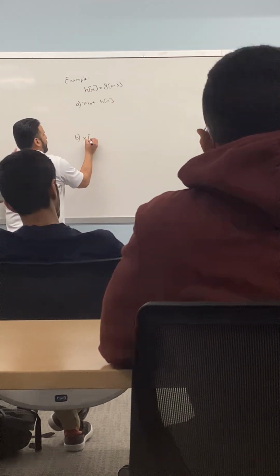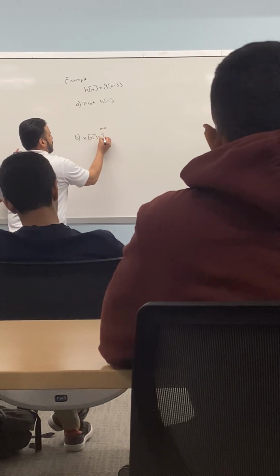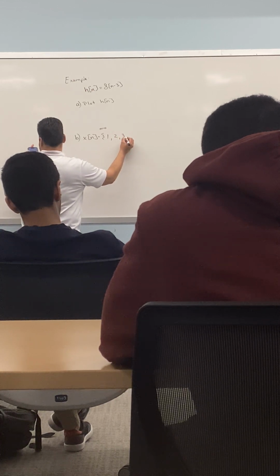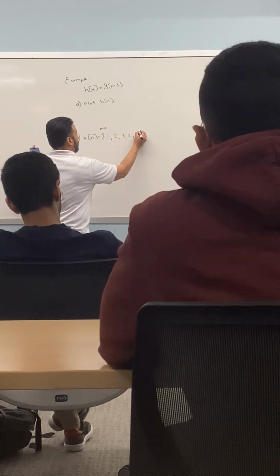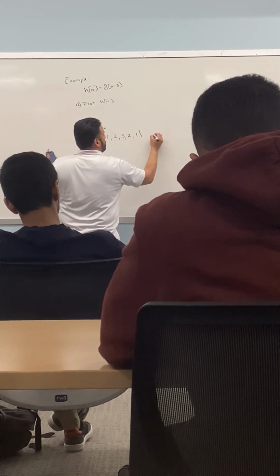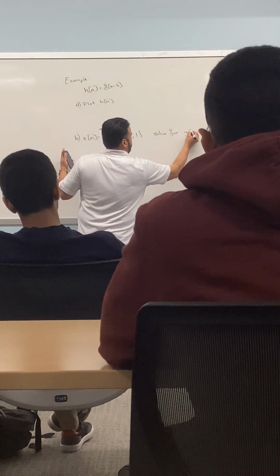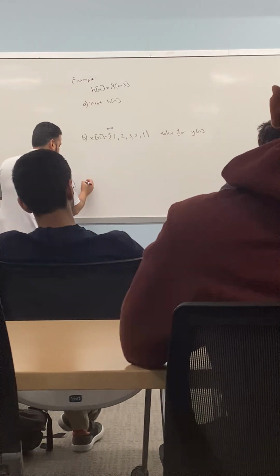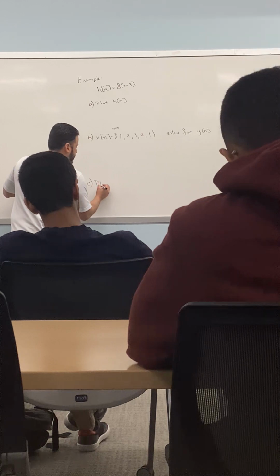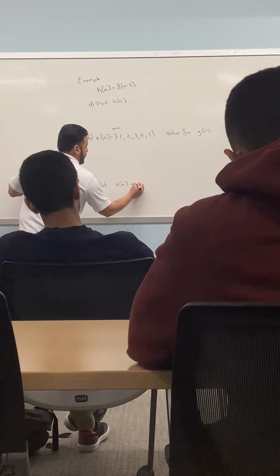For x of n from n equals 0, the values are 1, 2, 3, 2, 1. Solve for y of n. And C is going to be plot x of n and y of n.